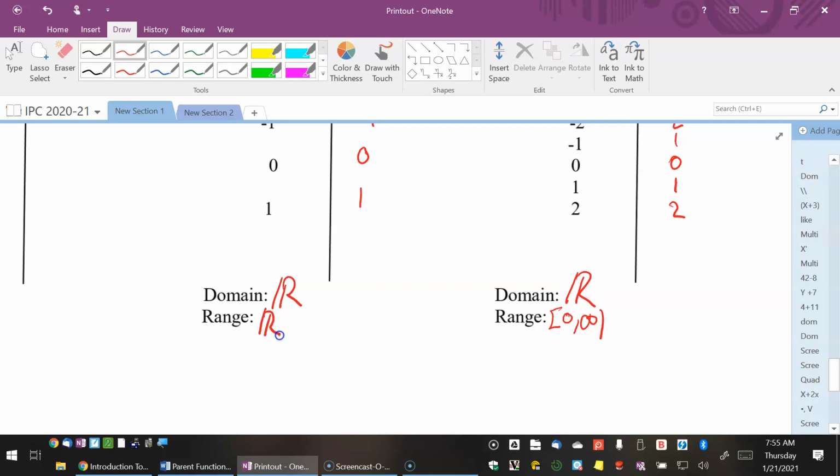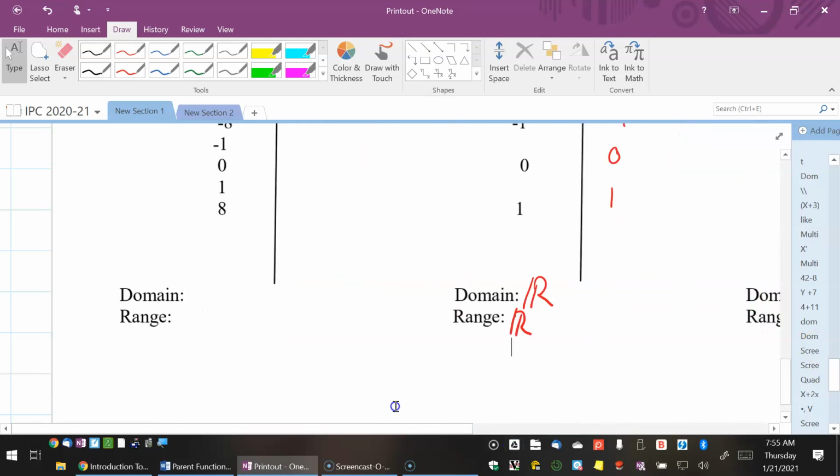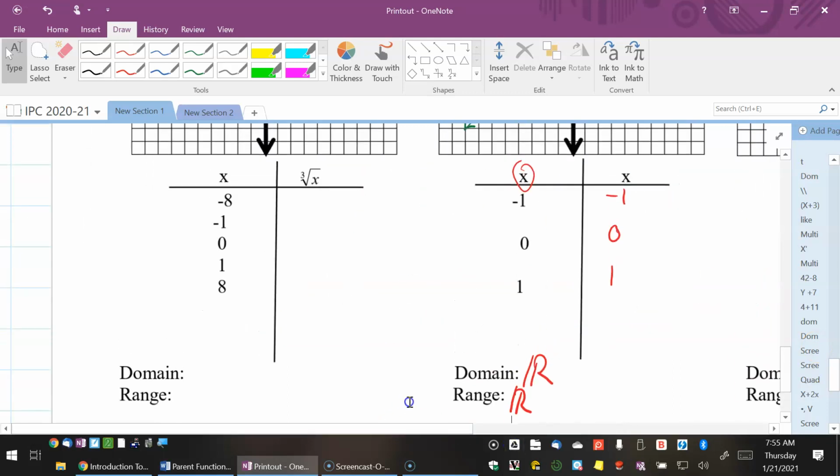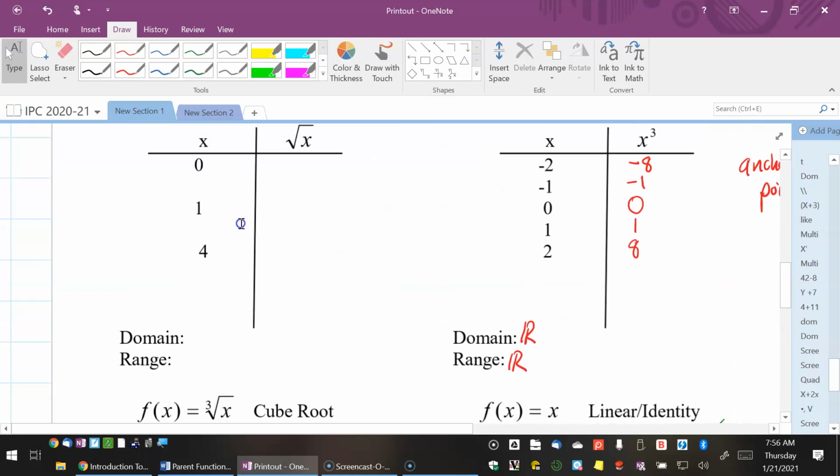Our last two functions are roots, square root and cube root. Because these are roots and we want them to work out evenly, we choose x's that are either perfect cubes or perfect squares.